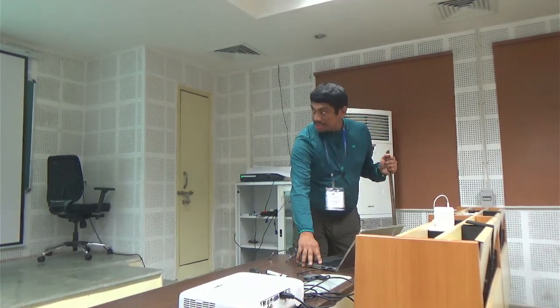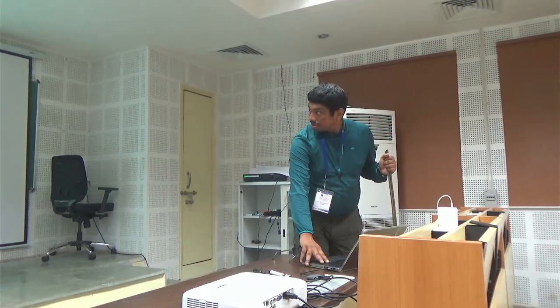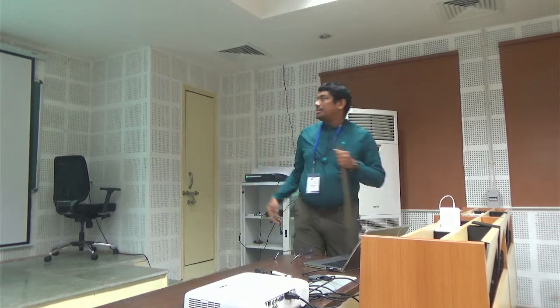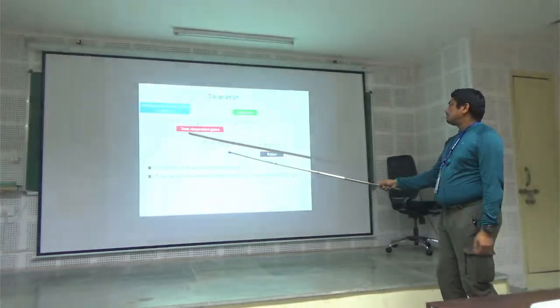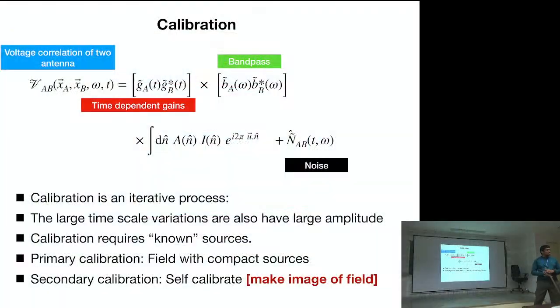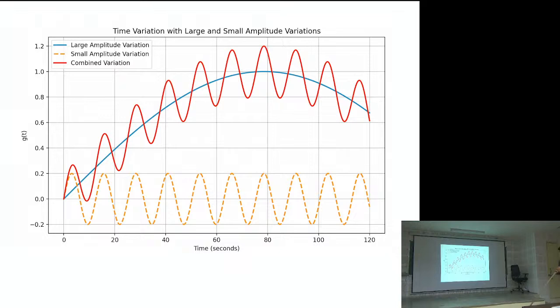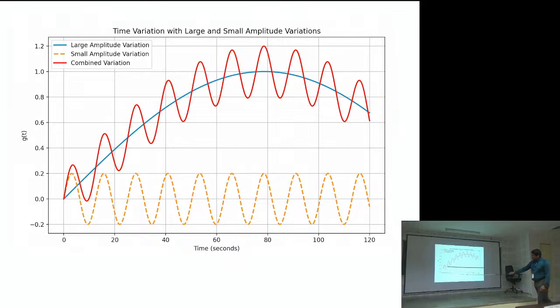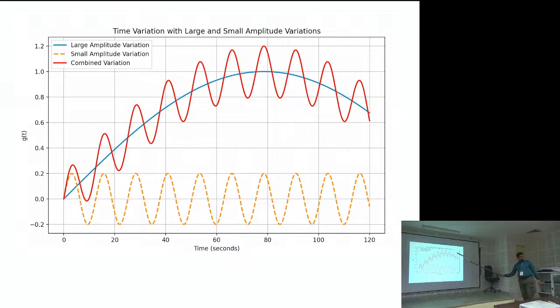Okay, say I have this gain, G as a function of T. What I am saying is that this G as a function of T for interferometers has a variation at a time scale of minutes or even tens of minutes, and has a variation which is at a much smaller time scale.